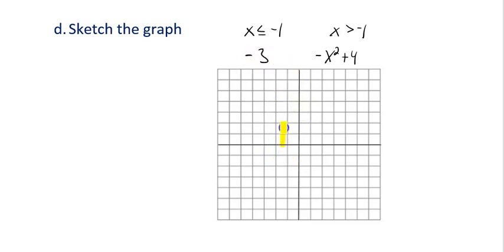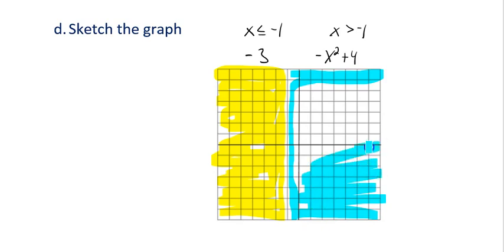So I'm going to find -1 and I'm going to do everything to the left of it in one color, and everything to the right of it in another color. And this part isn't perfect. It's just to make me think in the right way, to think about my graph as only being over here and only being over here.